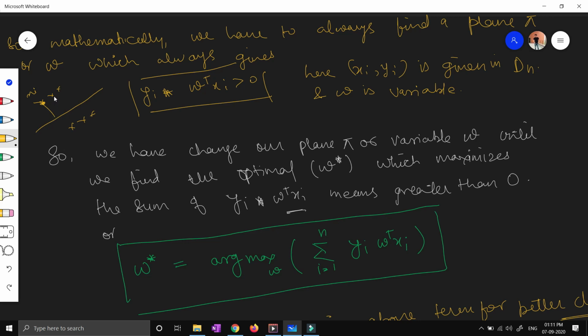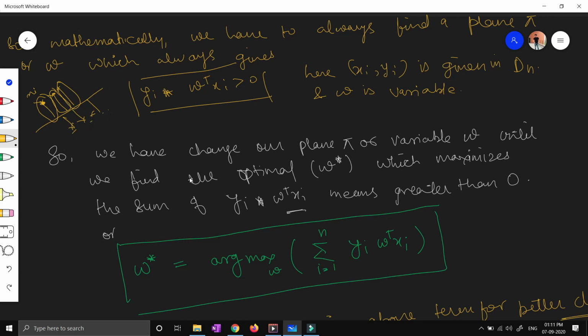Now I have to do the sum of all these. I'll calculate this particular sign term for this point, again for this point, and again for this particular point, and so on for all the points.